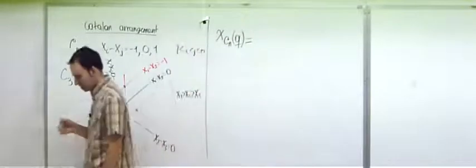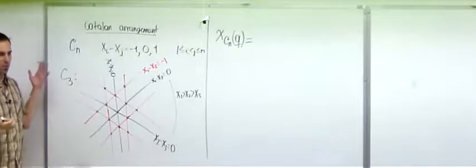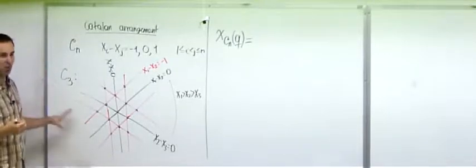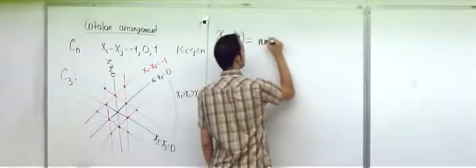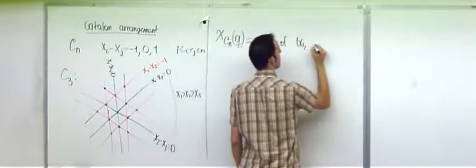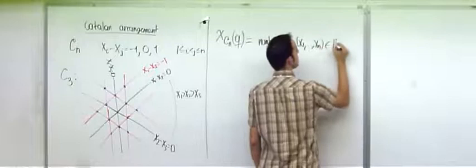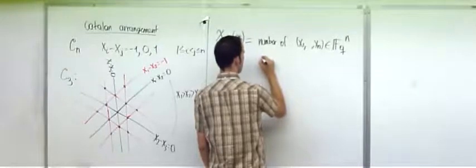Let's compute the characteristic polynomial. Since the finite field method works so well for us in the case of the braid arrangement, let's try to apply it here also. So this is going to be the number of points x1 up to xn in the finite field Fq to the n on no hyperplane.